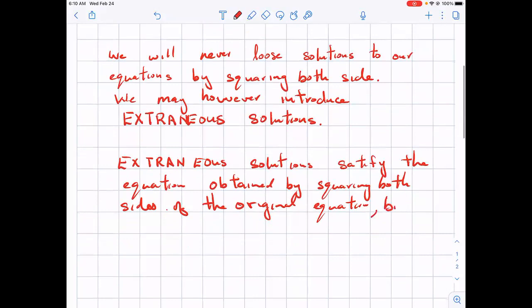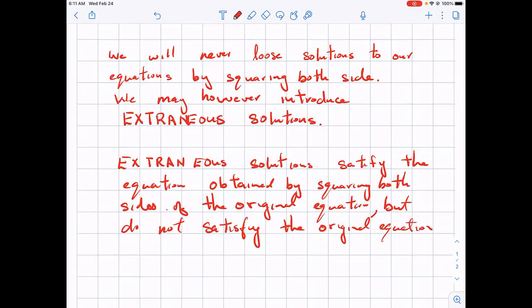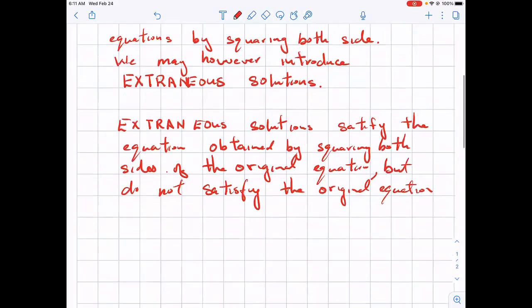But, and this is the important part, but does not satisfy the original equation. You will see an example of this. So let's look at this.